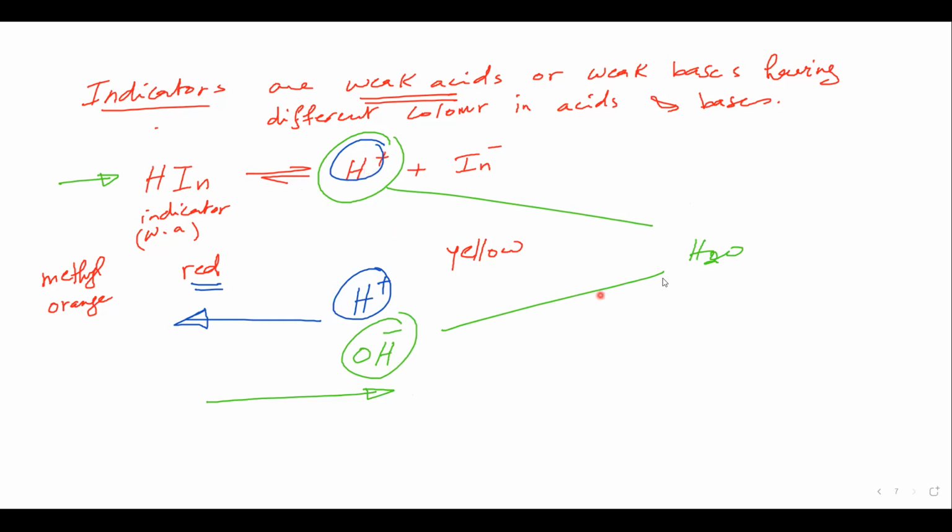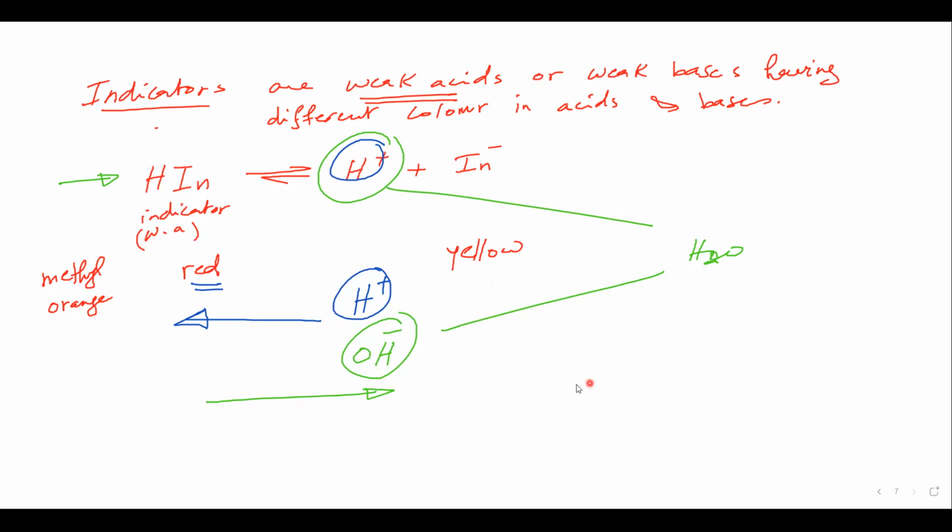The equilibrium position shifts to the right-hand side towards the yellow color. That's why methyl orange in the acid medium is red, and in the alkaline medium it is yellow. This is when the concentration of HIN increased, and the concentration of IN negative increased.